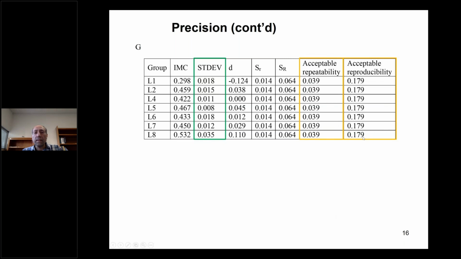And it is also less than acceptable reproducibility, which is 0.179.